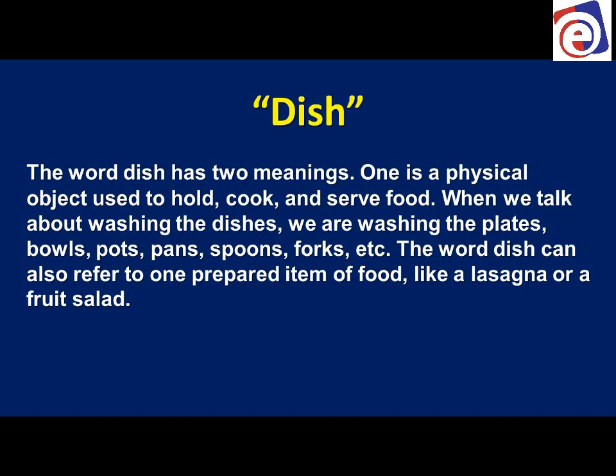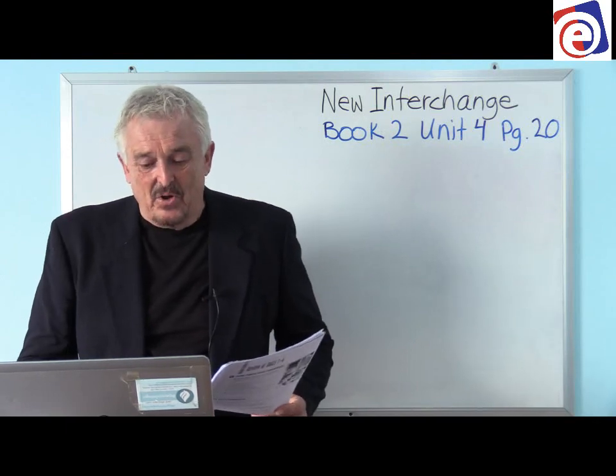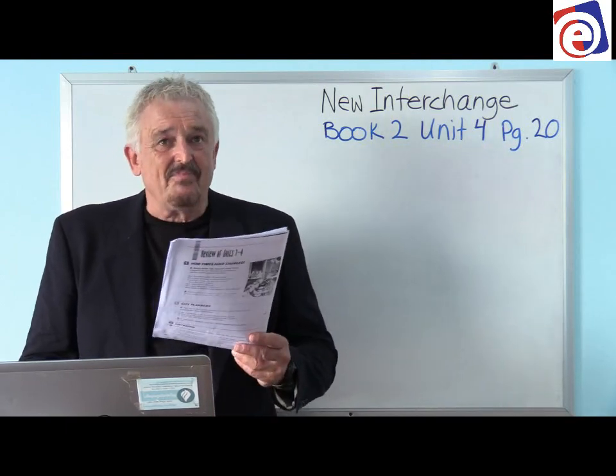Okay, and so dish has two meanings. Dish means the thing that you eat on and the thing that you have to wash when you finish eating it. But dish also refers to a kind of food. And so, what dish did you have for dinner? And so when you say it like that, what kind of food is what you're talking about, all right?